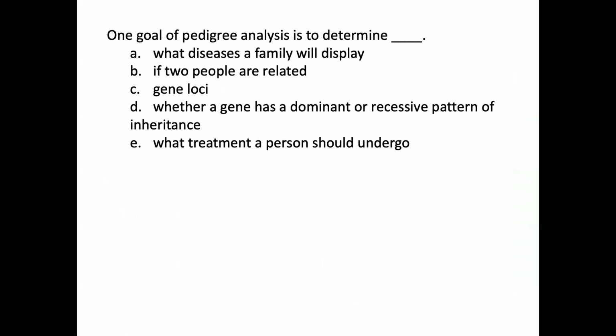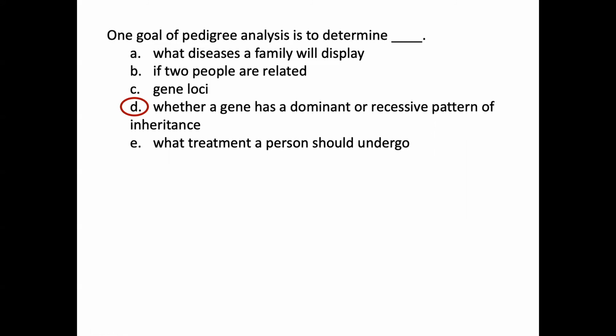Now let's see several questions together. Okay, the first one, one goal of a pedigree analysis is to determine what? So you can pause here and take a look at it to get the right answer. Okay, the correct answer of this question is D. Let's see one by one, okay?